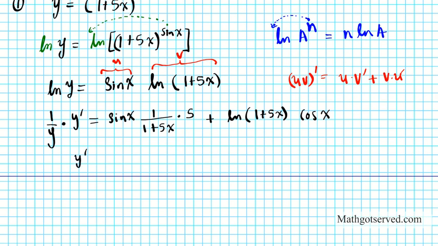So we're going to have y prime over y equals 5 sine x over 1 plus 5x plus cosine x times the natural logarithm of 1 plus 5x. Okay? Now we need to get y prime isolated, so to accomplish that, we're going to have to get rid of this y in the denominator on the left side.